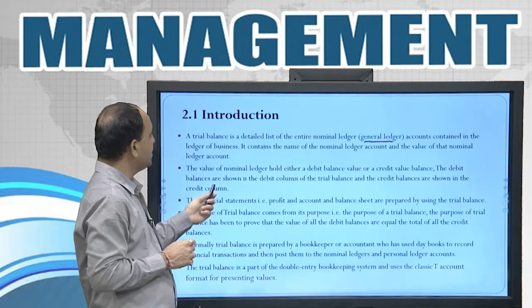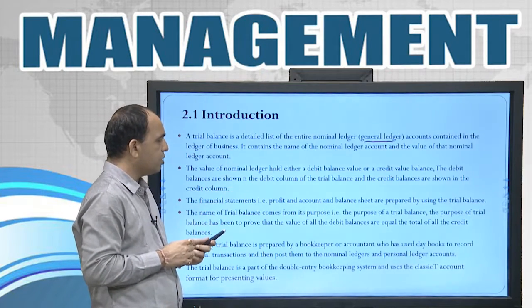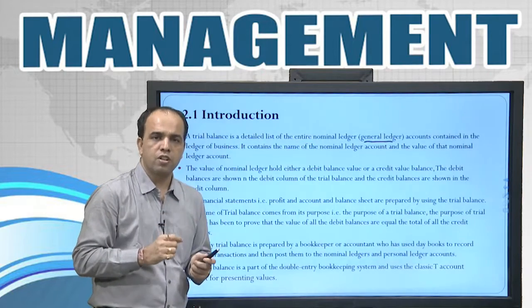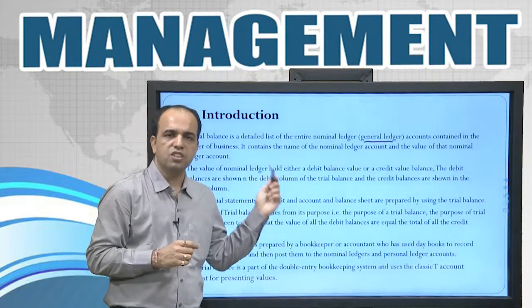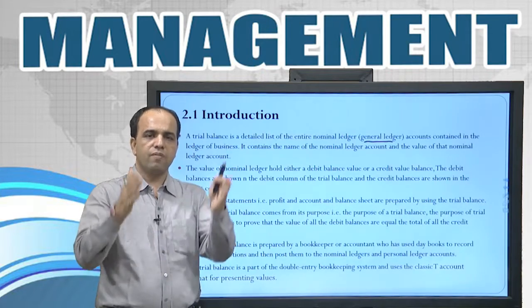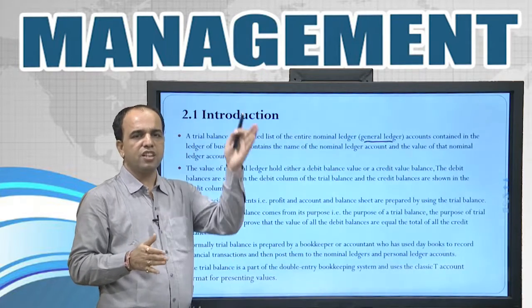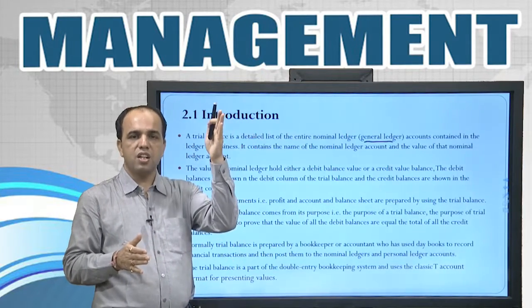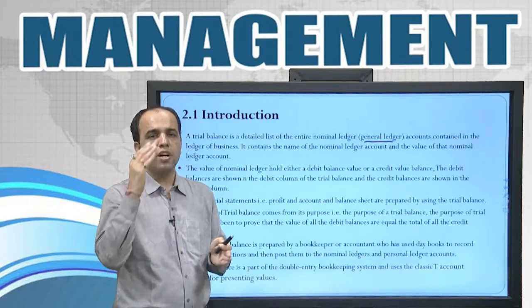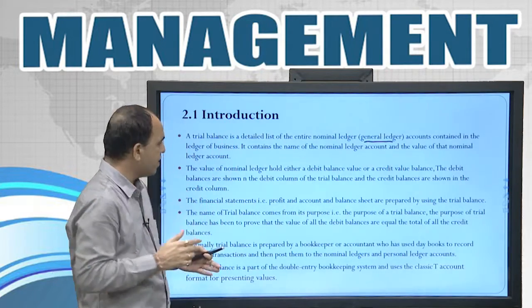The debit balances are shown in the debit column of the trial balance and the credit balances are written in the credit column. Friends, in the format, in the structure of trial balance, we are going to discuss that generally when we prepare trial balance, it consists of particulars, LF, debit amount and credit amount. So, debit amount, credit amount are very important.